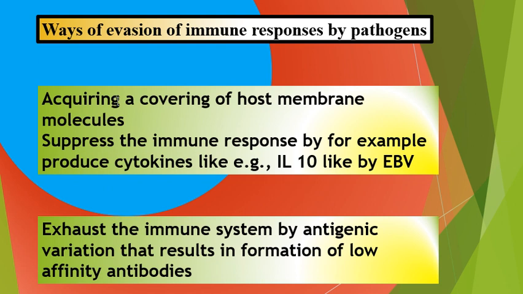And in some instances, for example, in Epstein-Barr virus and other viruses, cytomegaloviruses, they produce interleukin 10-like molecules. And as you know, interleukin 10 itself downregulates macrophages, and as you know, macrophages produce tumor necrosis factor alpha and interleukin 1, and also they produce interleukin 12.